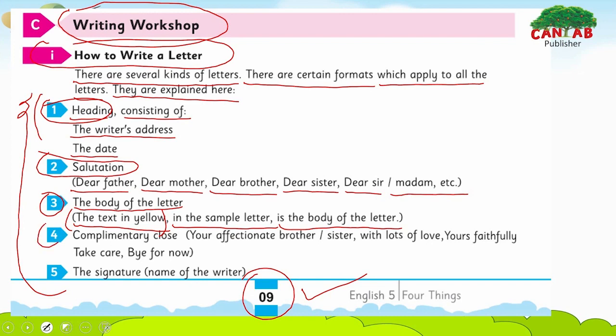The fourth one is the complimentary close. Here the letter is in its closure format. Whenever you end your letter, you have to mention the closing remarks, for example "Your affectionate brother," "Your affectionate sister," "With lots of love," "Yours faithfully," "Take care," "Bye for now," etc. These come in the category of the complimentary close.